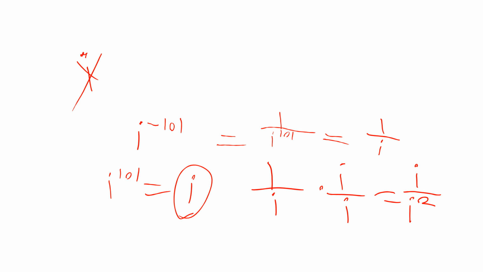So then we have i divided by i squared. This is just i over i times i. These cancel, and we have i. So it's still going to be i if we have negative 1.